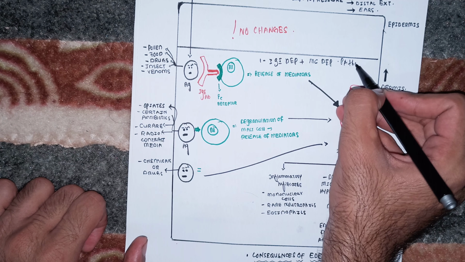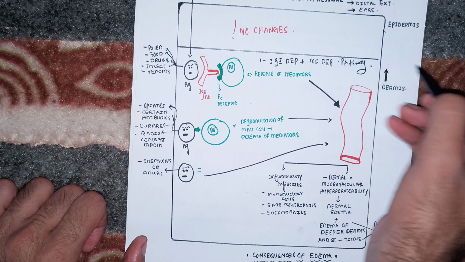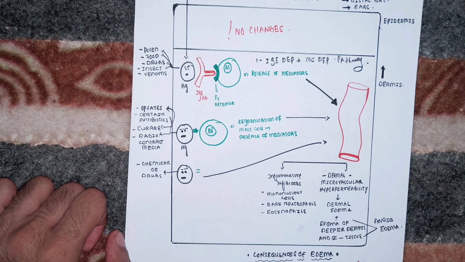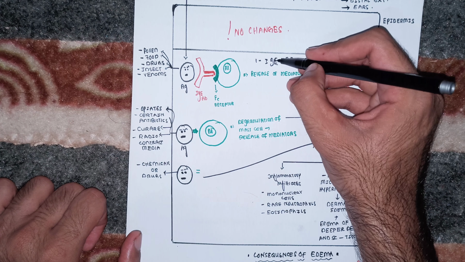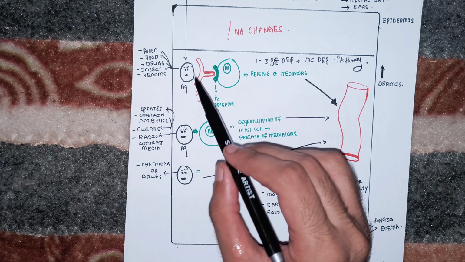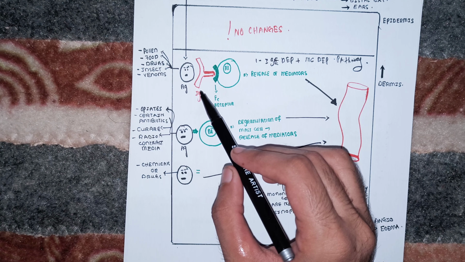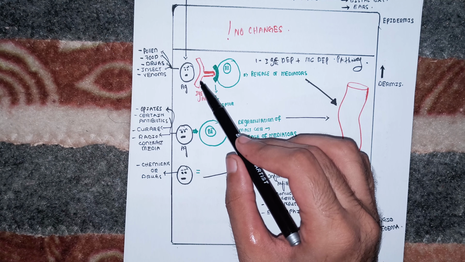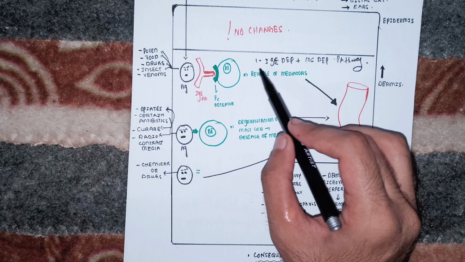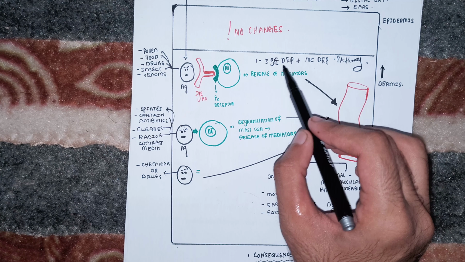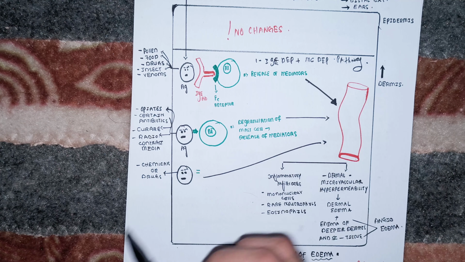Okay, so it is involving IgE antibody and mast cell as well. So it should be called as IgE dependent and mast cell dependent pathway.